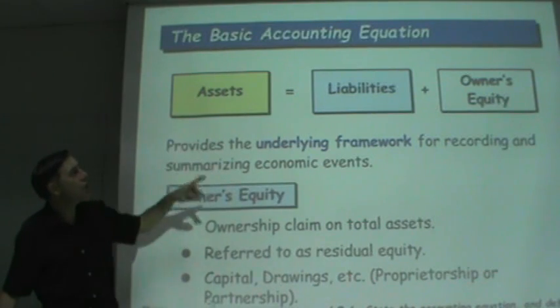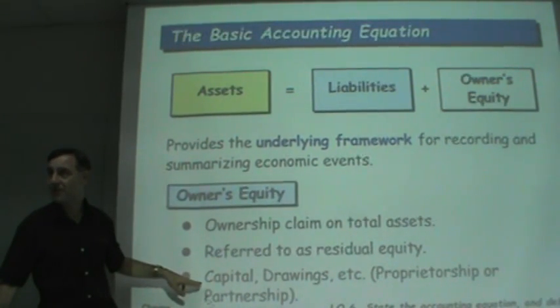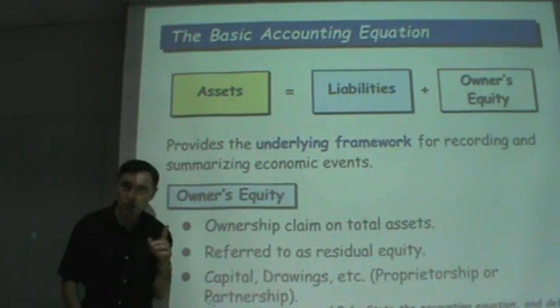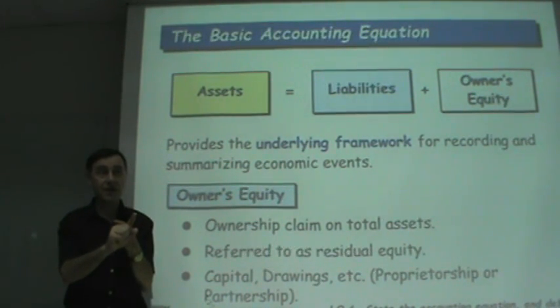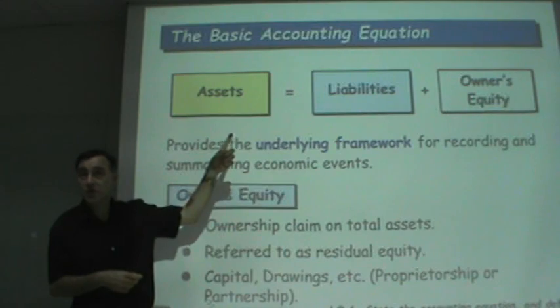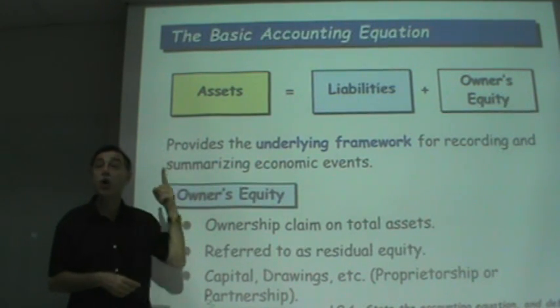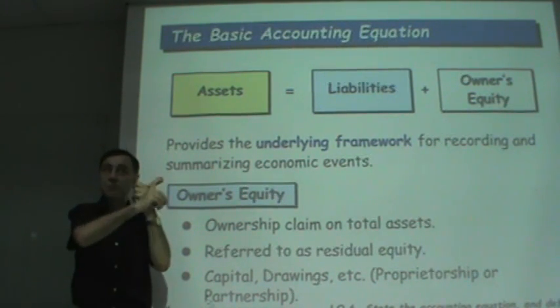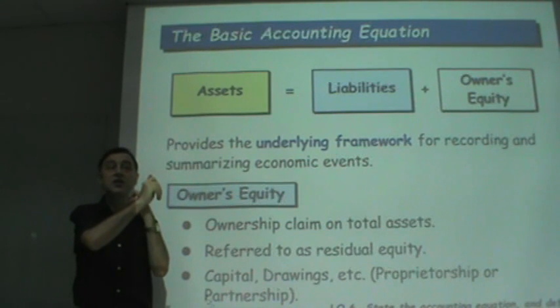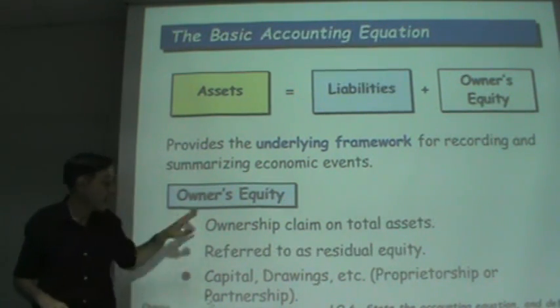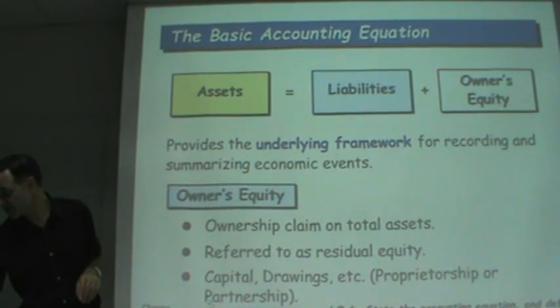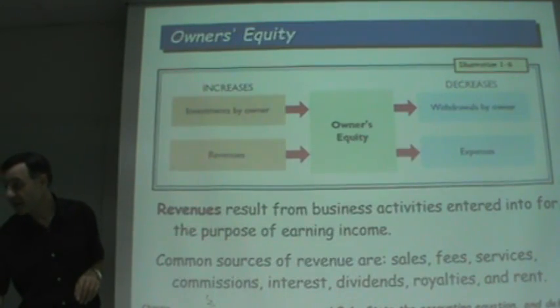And another one is called owner's capital. So, we just learn to use the words equity or capital, okay? We can use owners and not use owner. Owner can be proprietor, can be shareholder, can be stockholder.